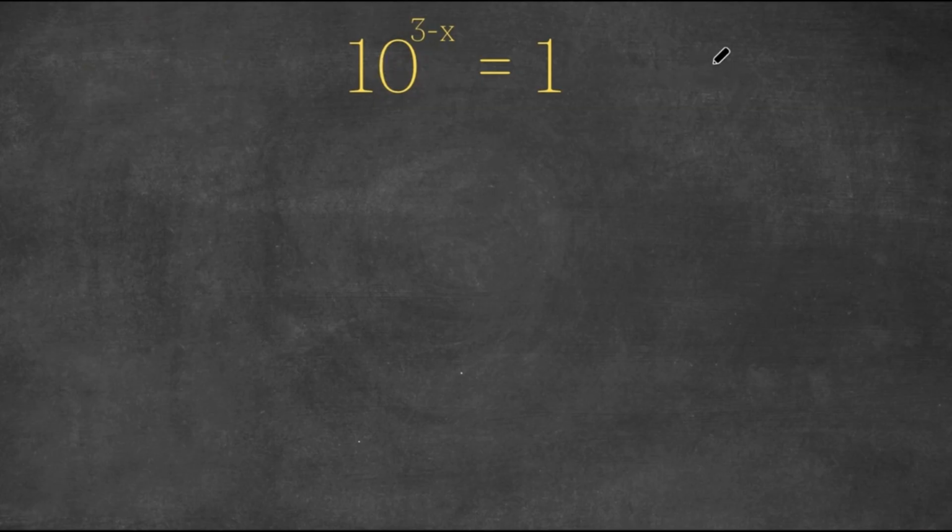Because let's just say I have a to the power of x, and this is equal to a to the power of y. We know that these two terms are equal to each other, and both of them have a base of a.